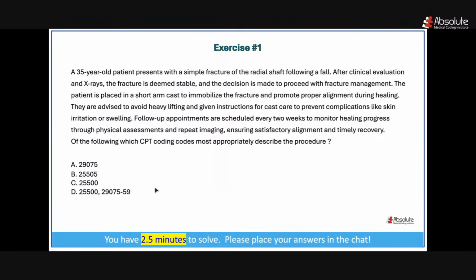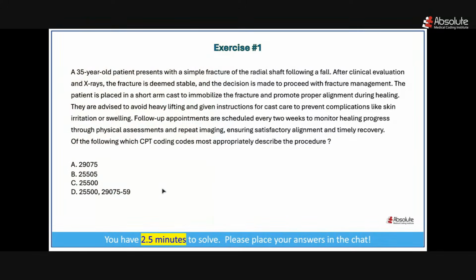They are advised to avoid heavy lifting and given instructions for cast care to prevent complications like skin irritation or swelling. Follow-up appointments are scheduled every 2 weeks to monitor the healing process through physical assessment and repeat imaging, ensuring satisfactory alignment and timely recovery. Of the following codes, which best describes the procedure?